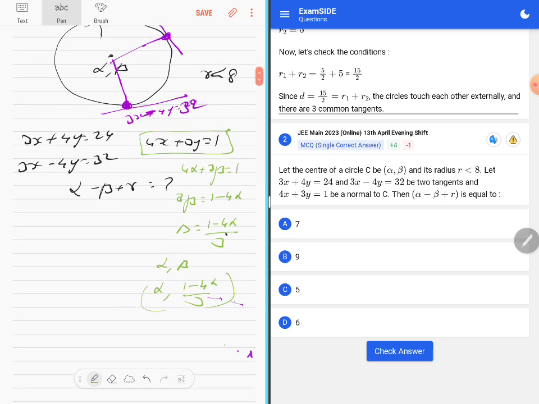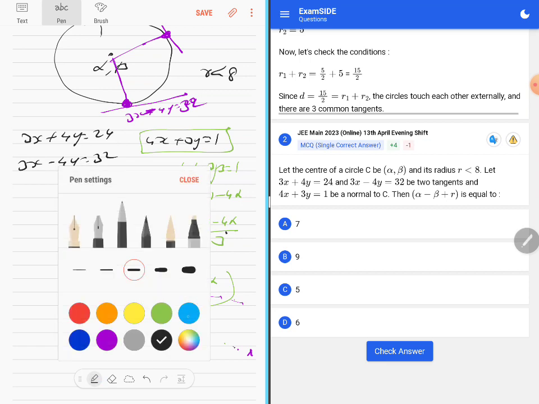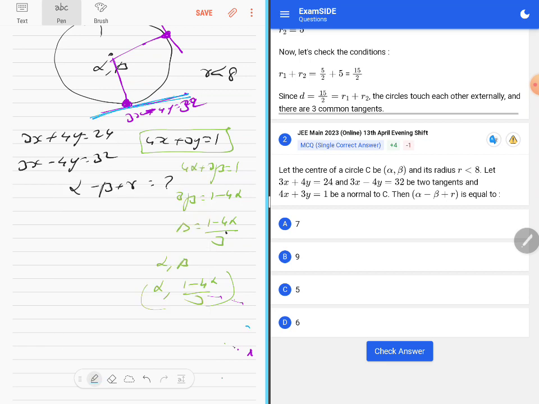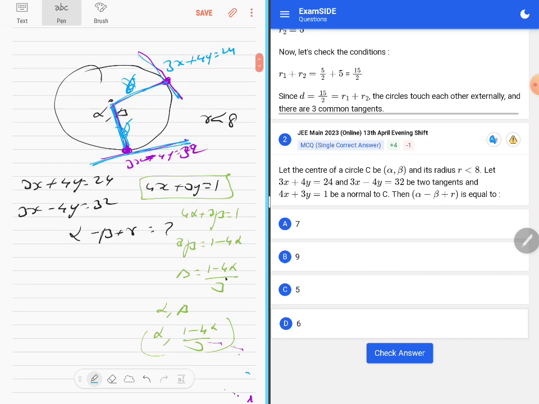Now that you've got the center points, you have this equation, you can find this perpendicular distance. You have the equation 3x plus 4y is equal to 24, and you can use the center point to find the distance, and this distance has got to be the same because both of them are r.